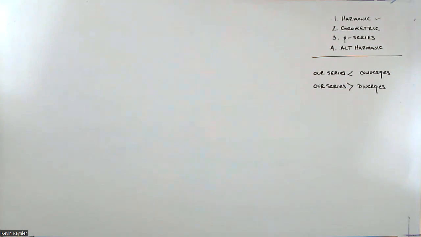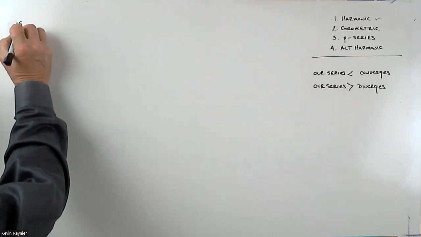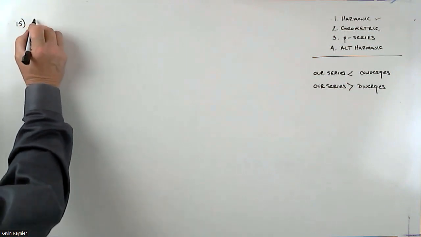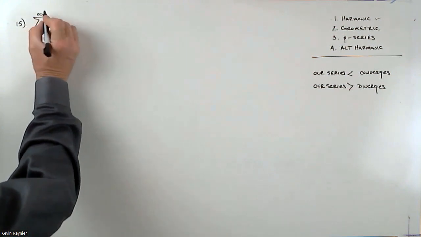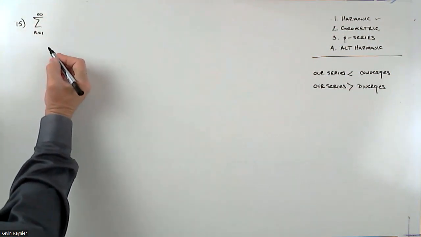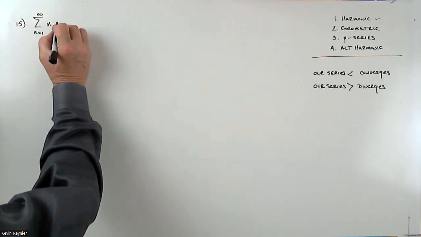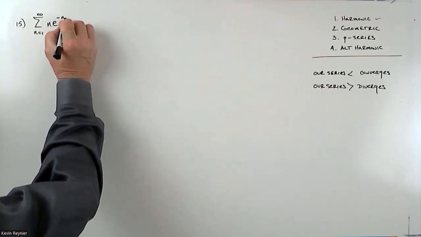And now let's take a look at something like problem 15, right? So it just says for the instructions, does this converge or does it diverge? You tell me. So if we look at 15, 15 is the series n equals 1 to infinity of n e to the minus n.